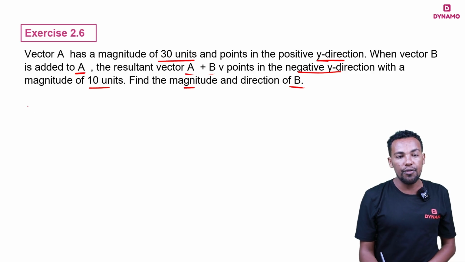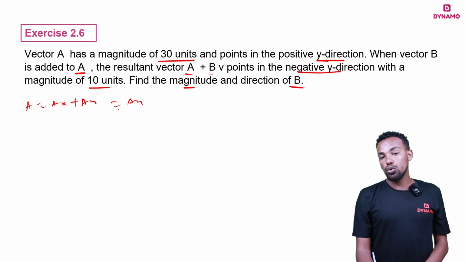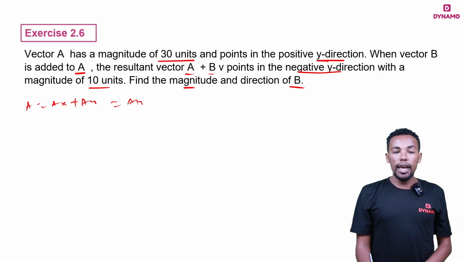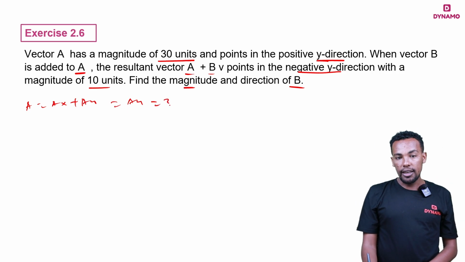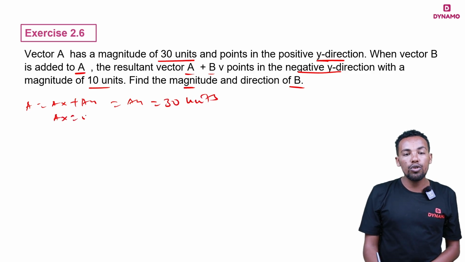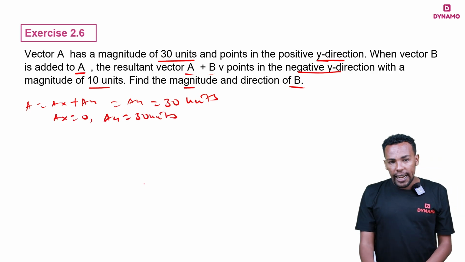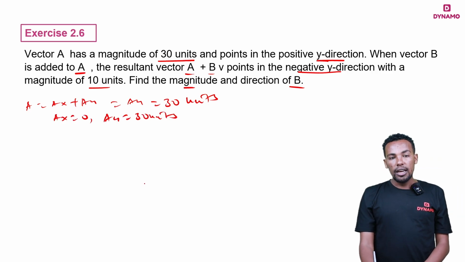Vector A is AX plus AY. Since it points along y, AX is 0 and AY is 30 units. When vector A is added to vector B, the resultant is in the negative y direction with a magnitude of 10.